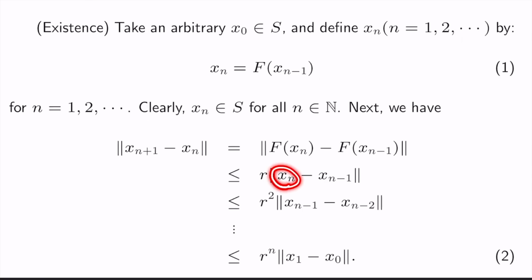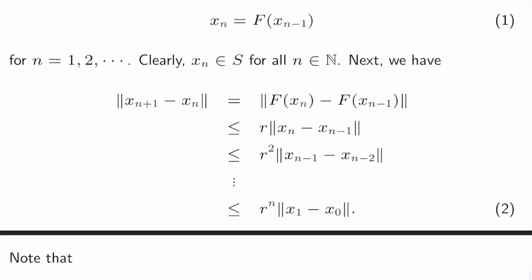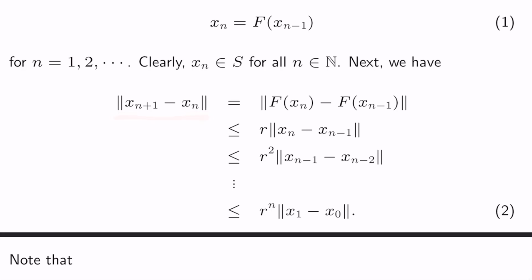So this xn is the argument of this f, and this xn minus 1 is the argument of this. And we can continue this again and again and finally get this whole thing is less than or equal to r to the power of n times the difference between x1 and x0.